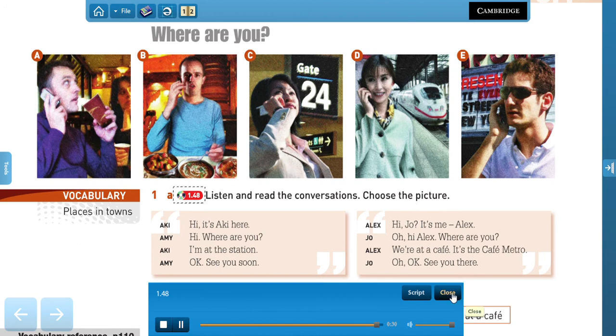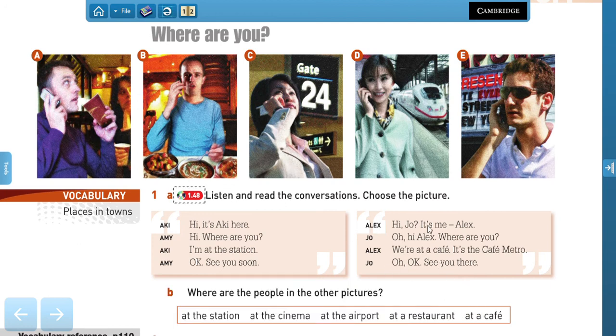Okay. Which image is representing this conversation? Very good. Image A, right? They are at a cafe. And here you can see the word we, right? So in this case, it's the only picture in which there are 2 people, right? So we are at a cafe, right? At the Cafe Metro.